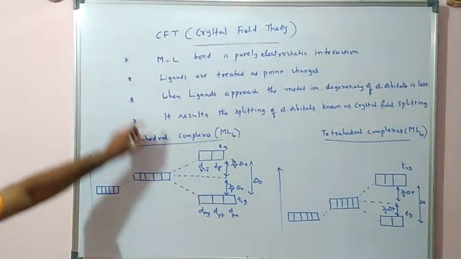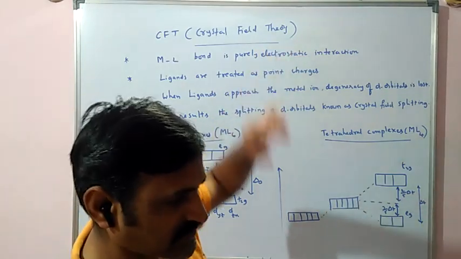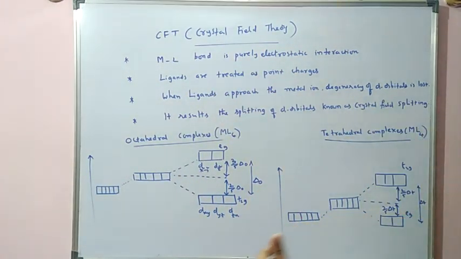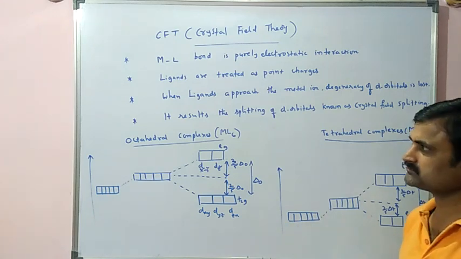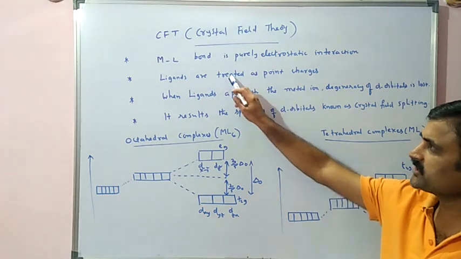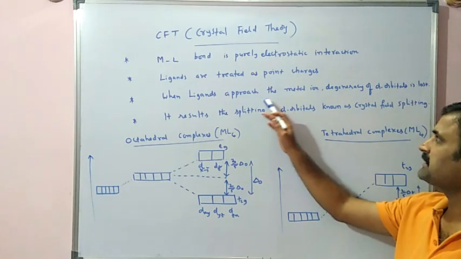Other one is, ligands are treated as point charges when they are anions. When they are neutral molecules, they will be considered as dipoles. The other thing here is these ligands are deciding the geometry when they are approaching the metal ion.